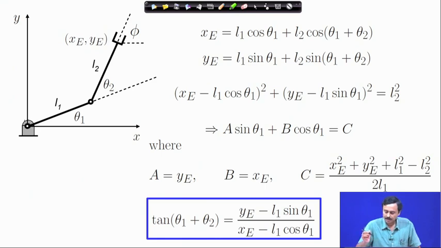How? This is what we do. This is the location of the end effector, x e y e.